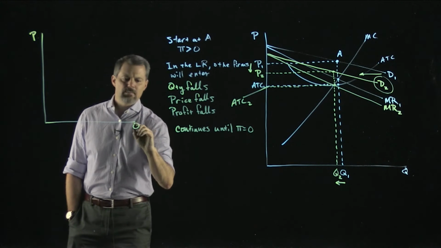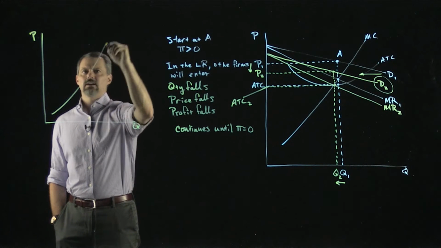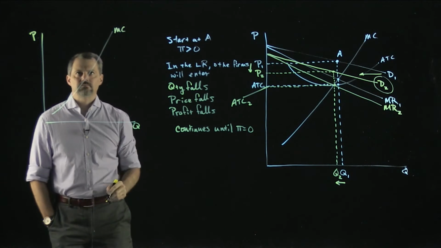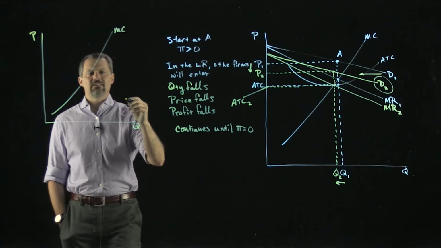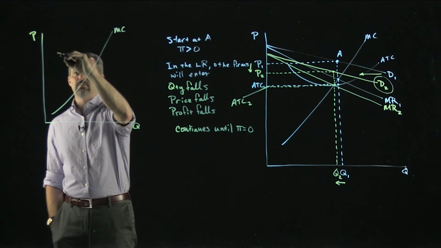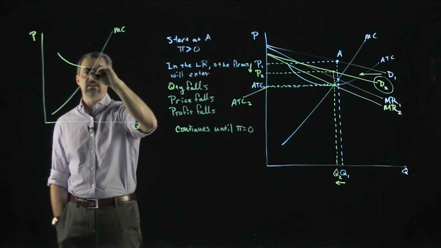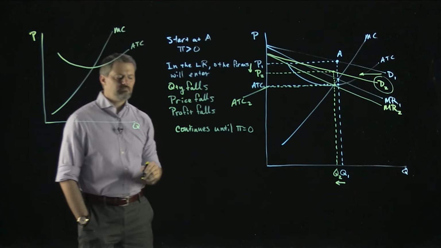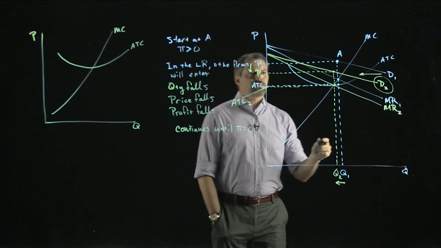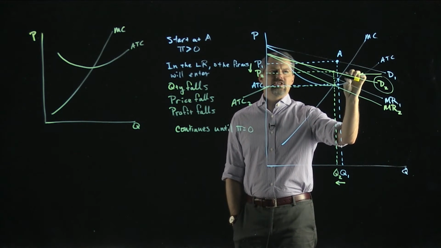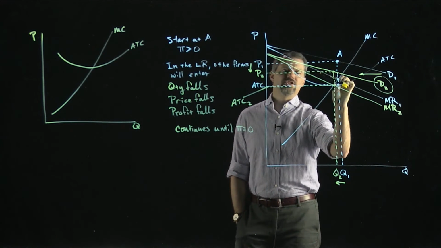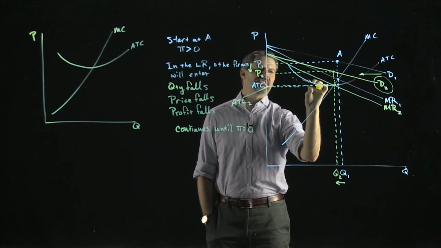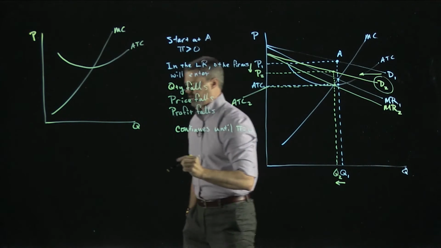So let's put up here marginal cost. Let's go ahead and put our average total cost, and I'm going to give it some nice curvature, something like that. There's average total cost. This residual demand curve is going to shift to the left until it has shifted enough to become just tangent to that average total cost curve.